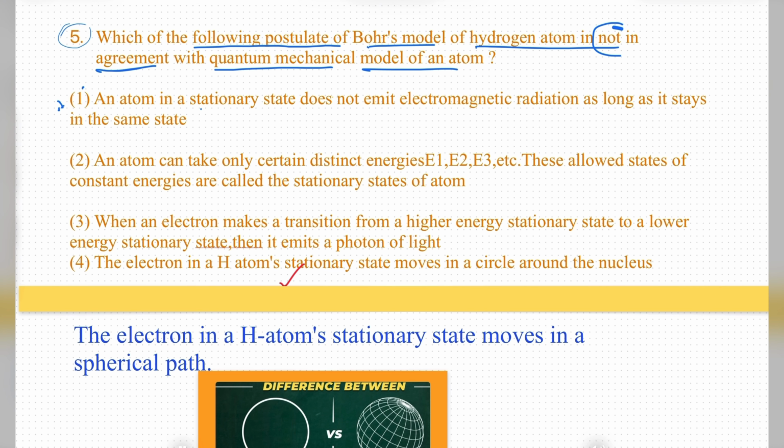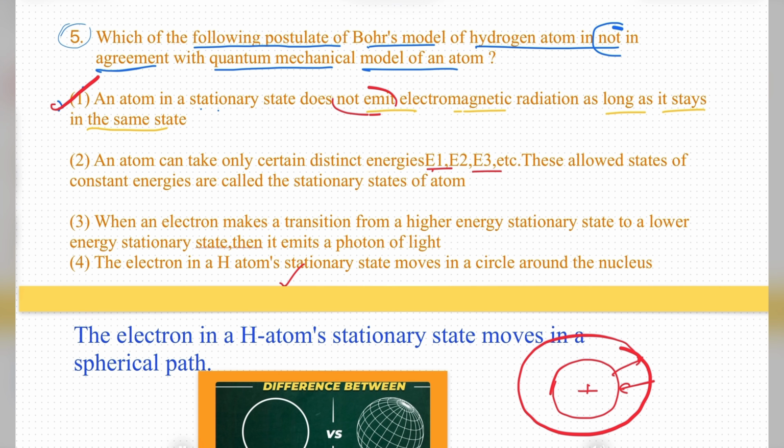Whenever the electron does not jump from higher energy to lower, or lower to higher, it may not emit or absorb energy. That is correct, isn't it? So that statement is correct, and there is agreement with that. There is no problem at all.